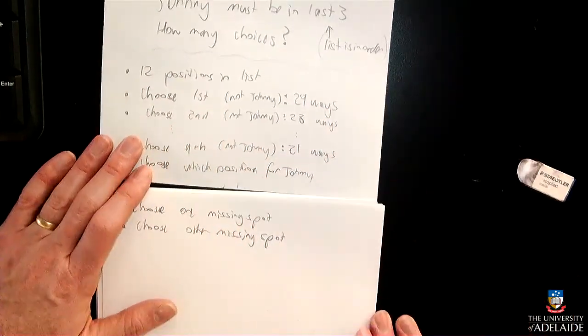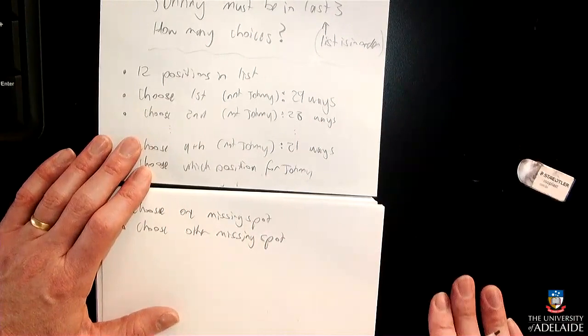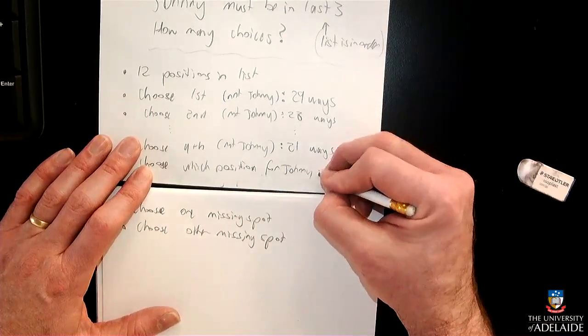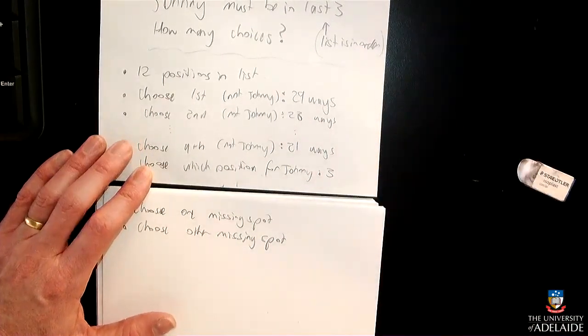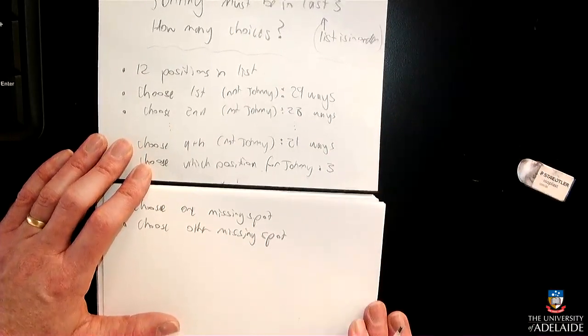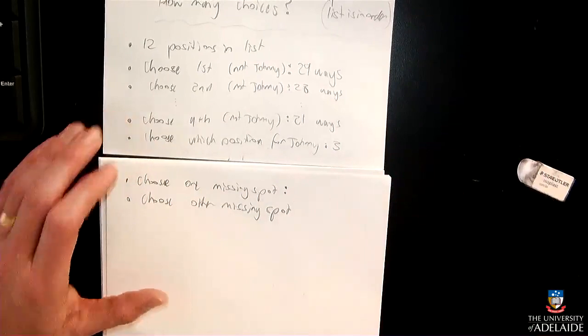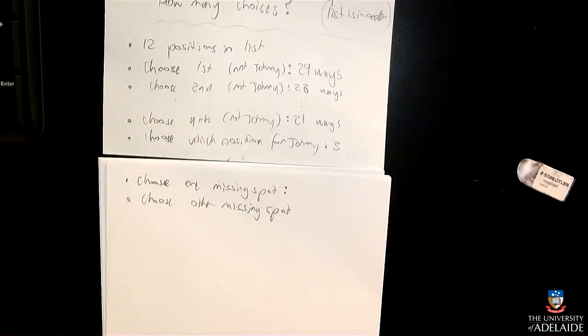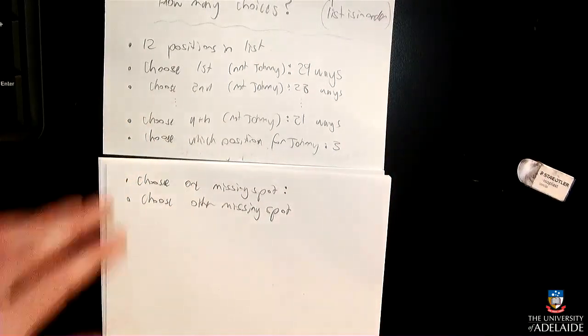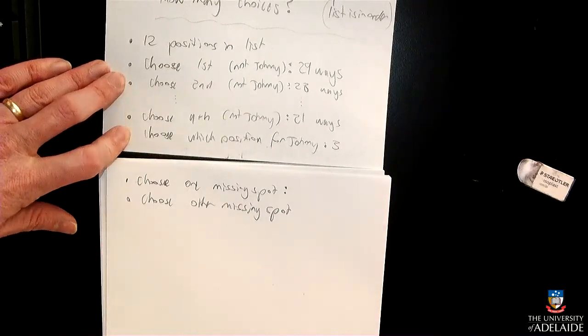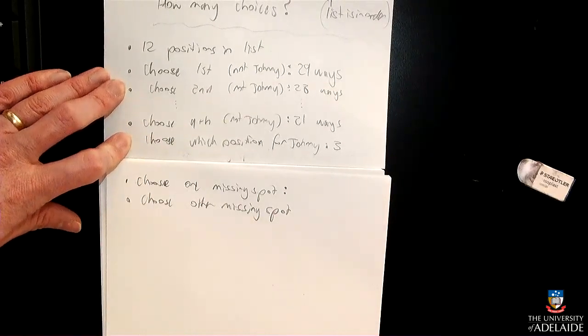So I need to choose which position Johnny's in. Oh crap, I didn't end up with any choosers, I'm sorry. Which position Johnny's in, in which case there would be 3 choices for where Johnny could go. And then after I put Johnny in a position, how many people have I already put in? I put 10 people in. Haven't I? I put in the first 9 people and Johnny, that's 10 people, so there's 20 people left.